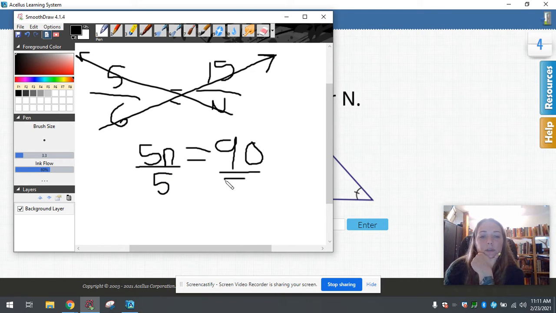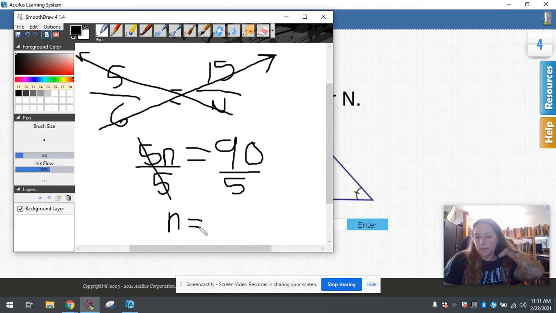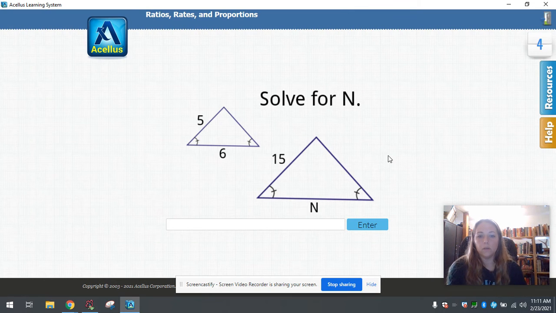Divide by 5 on both sides. Now on this side, I'm left with n equals 90 divided by 5, which is 18. So this length would be 18.